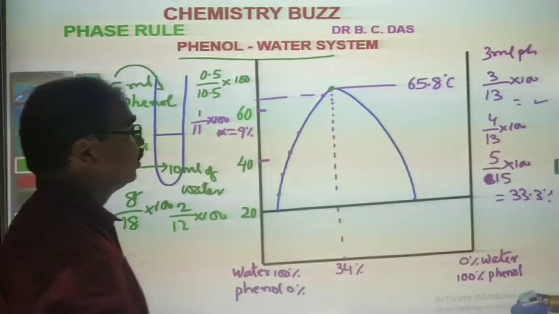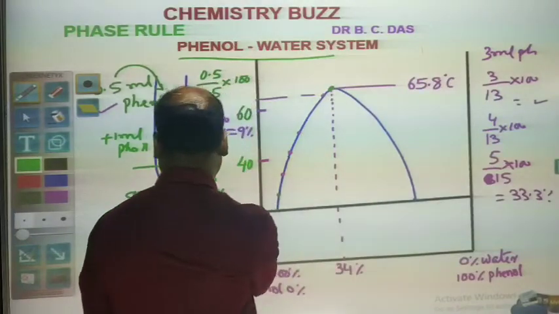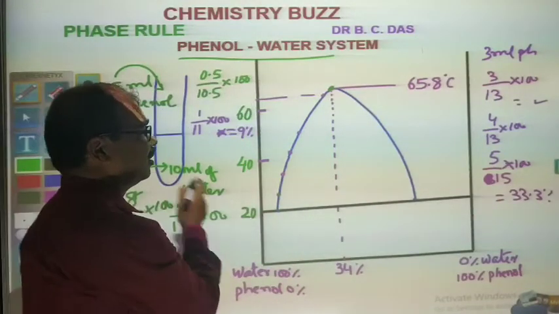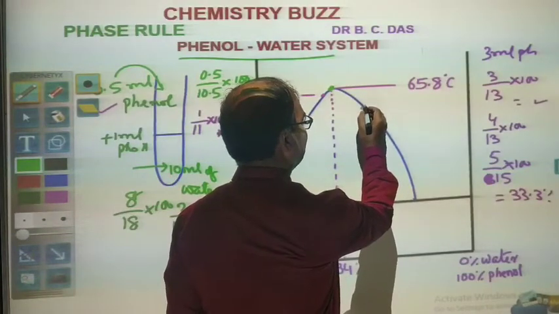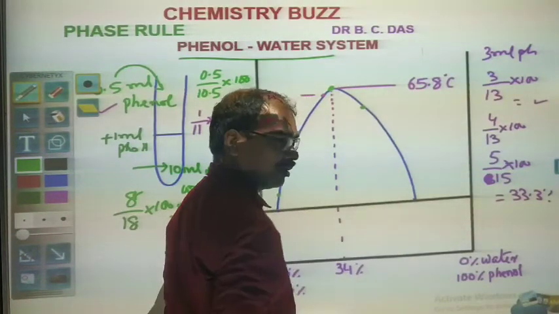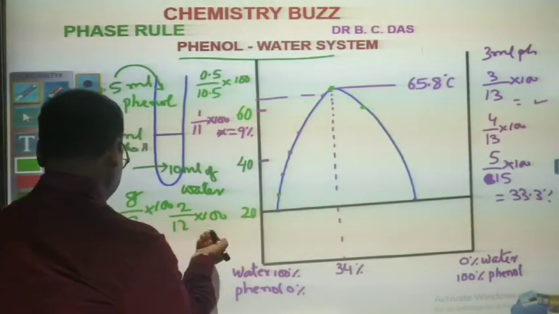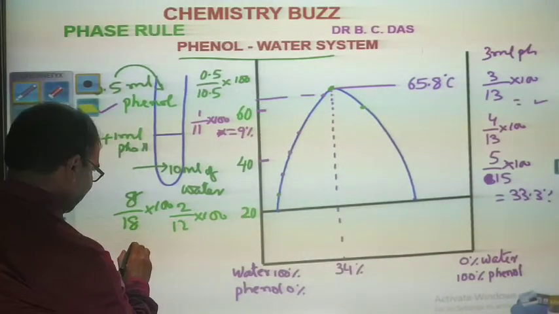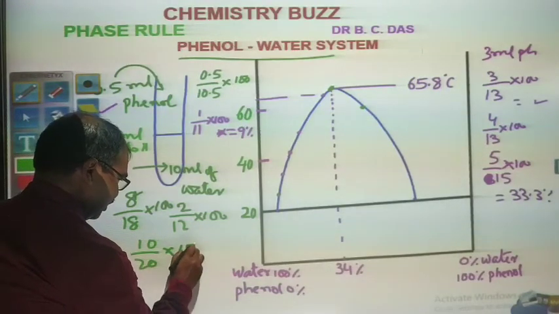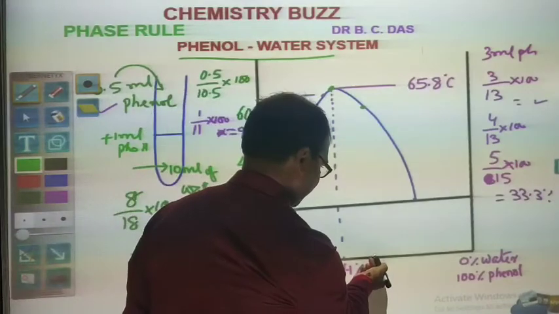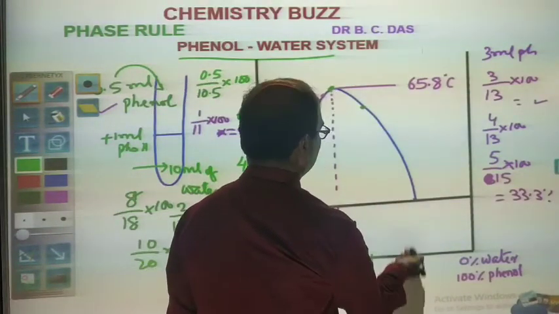So it exceeds this. Then if we heat this mixture, the heterogeneity will disappear at somewhat lower temperature. Again, you take 10 by 20 into 100, so 50% of phenol, or 60% of phenol.